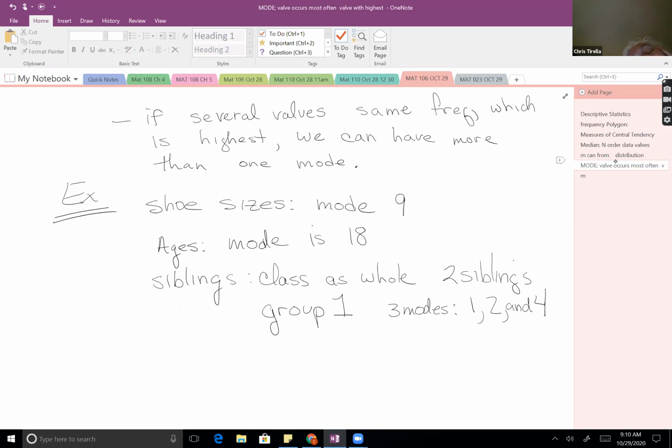Can anybody think of an example in real life where mode would be most commonly used? We had said for something like an average salary, we might use the median. I think everybody's seen the mean used an awful lot, usually for your grades or something like that. Can anybody think of a place in real life where somebody might want to use the mode as their measure of average?